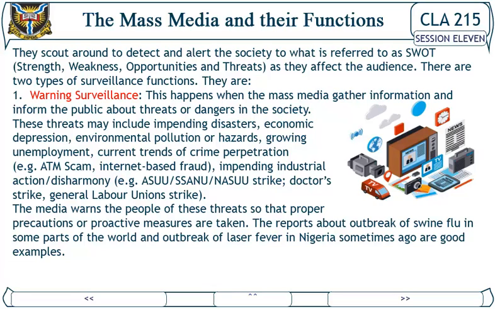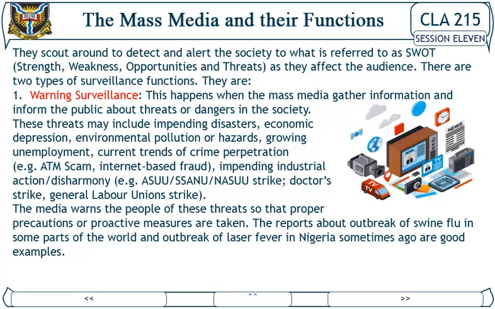These threats may include impending disasters, economic depression, environmental pollution or hazards, growing unemployment, current trends of crime perpetration, e.g., ATM scam, internet-based fraud, impending industrial action or disharmony, e.g., ASUU, SANU, NASU strike, doctors' strike, General Labor Union strike.